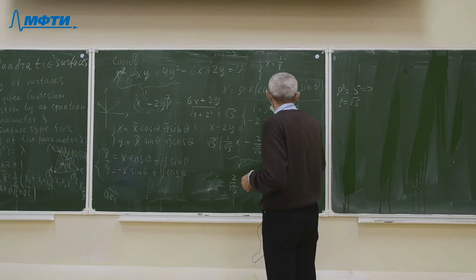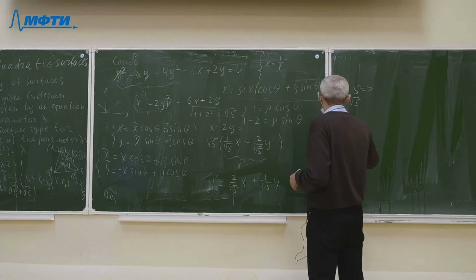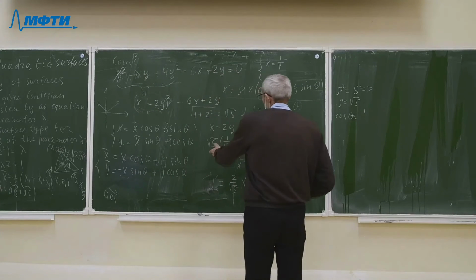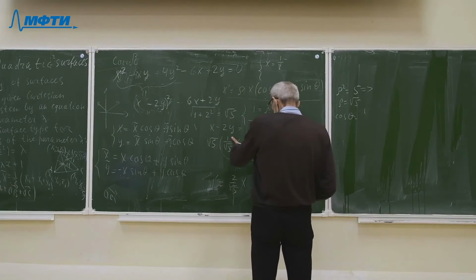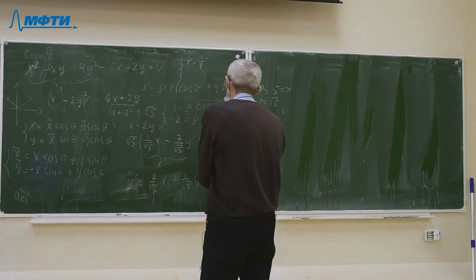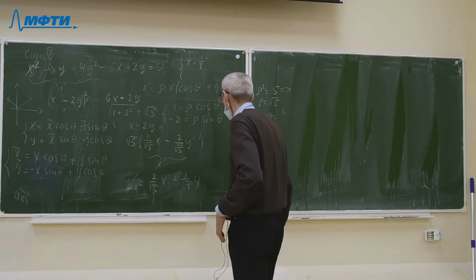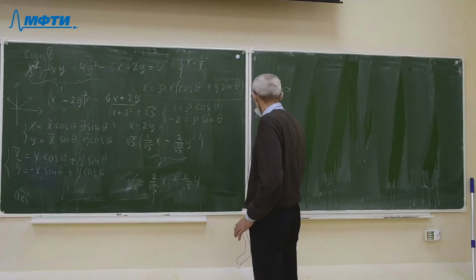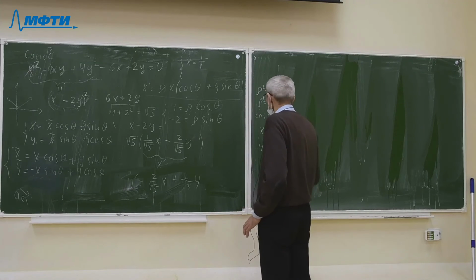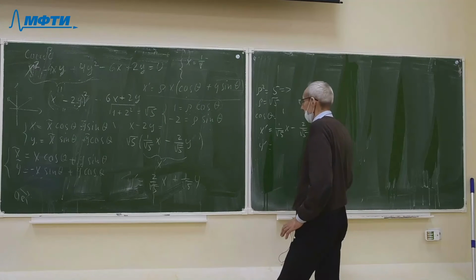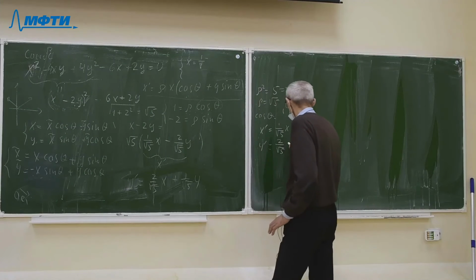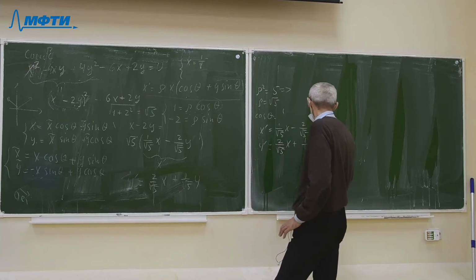After that we obtain that cosine theta is equal to 1 over root 5, and sine theta is equal to minus 2 over root 5. And the final formula is the following: x prime is equal to 1 over root 5 times x minus 2 over root 5 times y, and y prime is equal to 2 over root 5 times x plus 1 over root 5 times y.